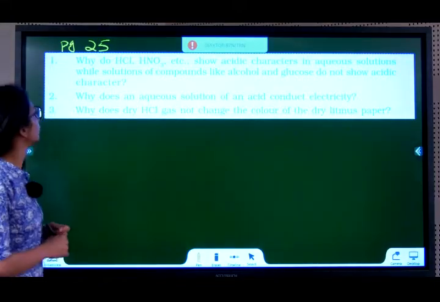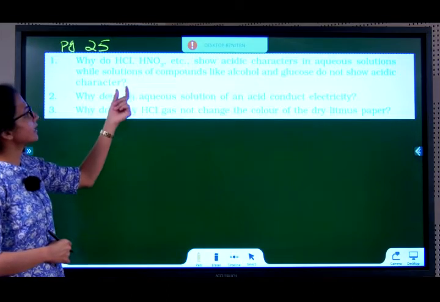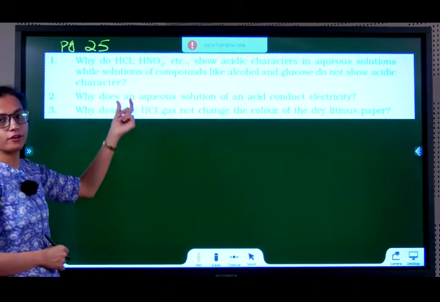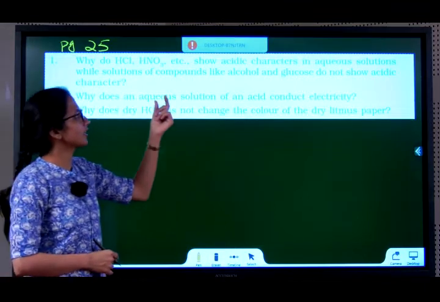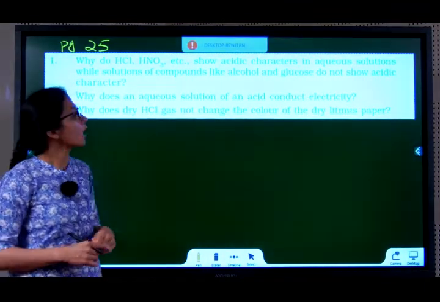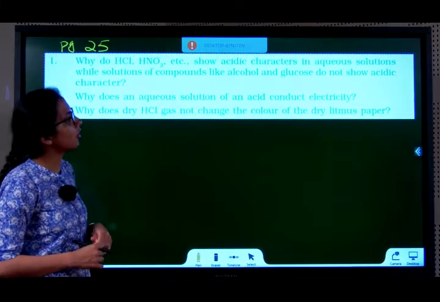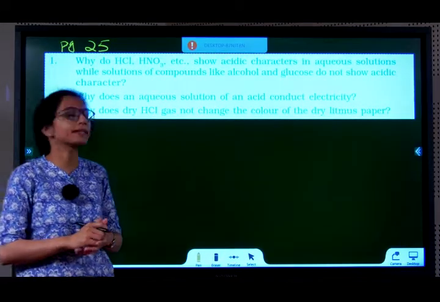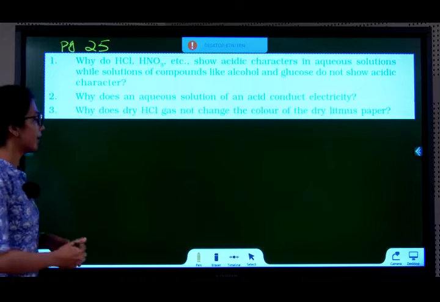Page 25, question 1. Why do HCl hydrochloric acid and HNO3 nitric acid show acidic characteristics in aqueous solutions, while compounds like alcohol and glucose do not show acidic characteristic? Why?